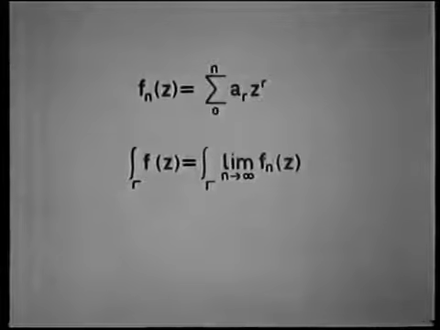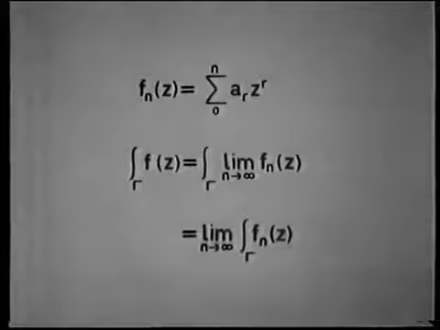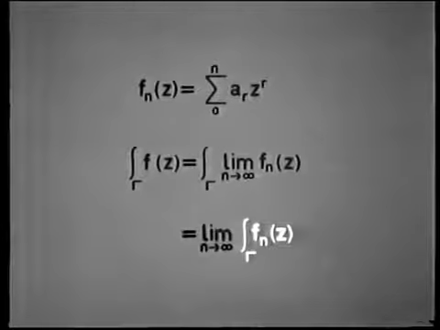The integral of f(z) along any contour gamma is the integral of the limit of f_n(z). And in the text, we prove that we can interchange the order of the integral and the limit operations. Now, suppose gamma is a triangle. Then for any n, the integral of f_n around gamma is 0.